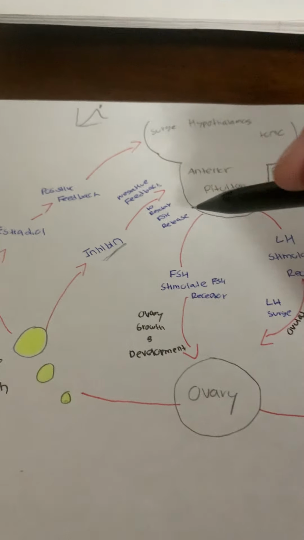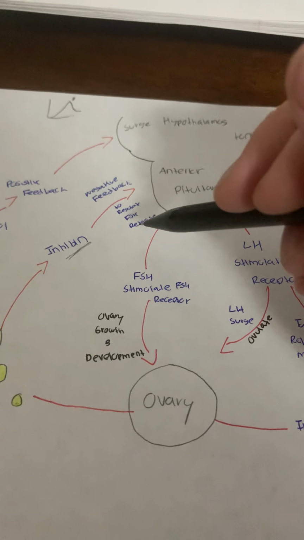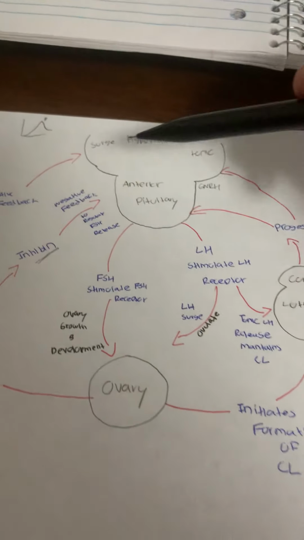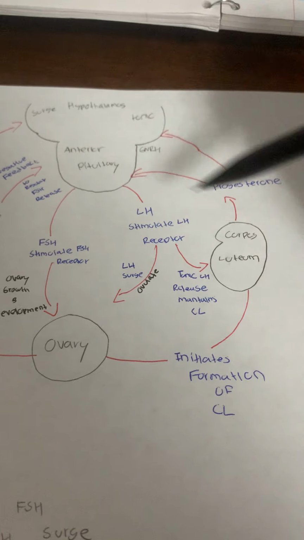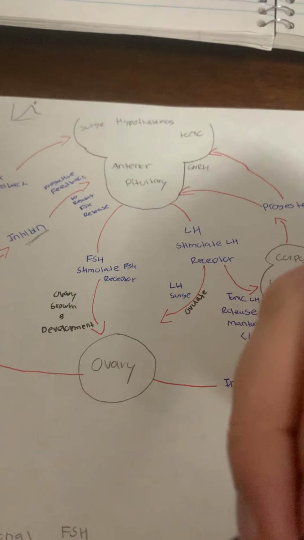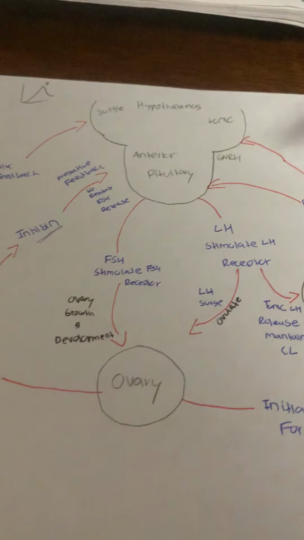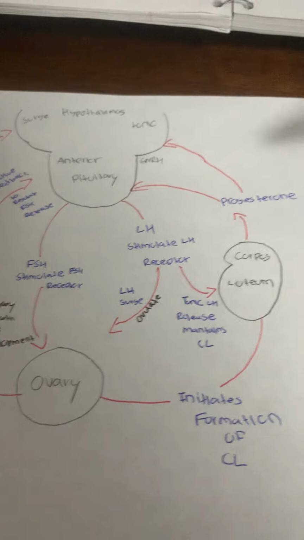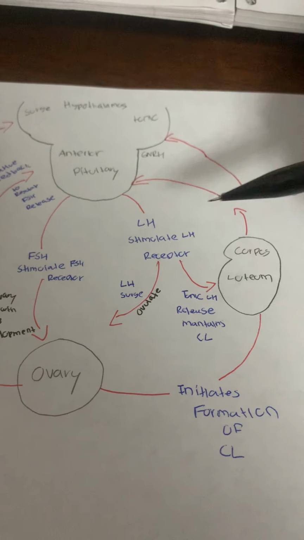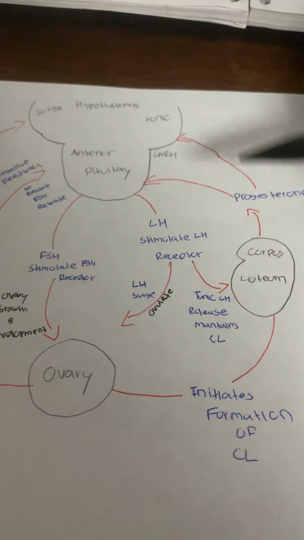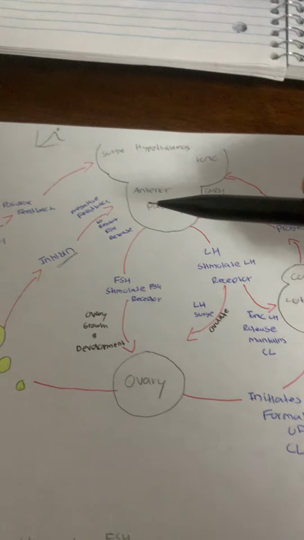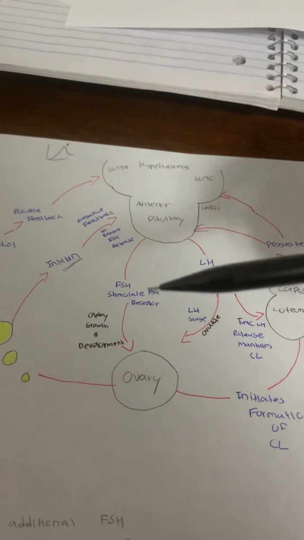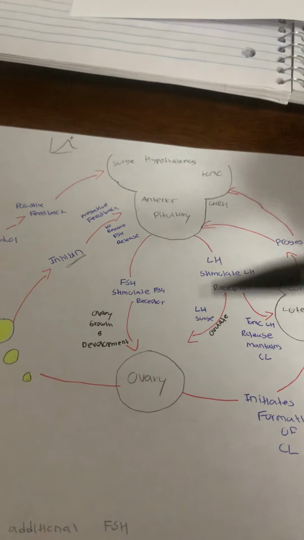With this regulating and inhibiting, it's going to make us go back to where we first talked about. It's going to create the GnRH surge. With a GnRH surge, we're going to have an LH surge, which is going to create our corpus luteum again, which we talked about previously. So our follicles here are going to inhibit the FSH so they don't keep forming more and more follicles.